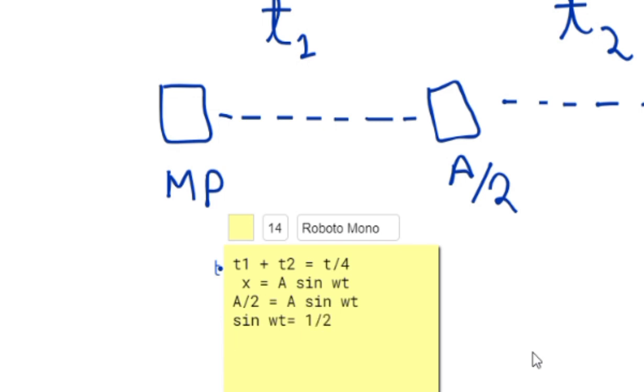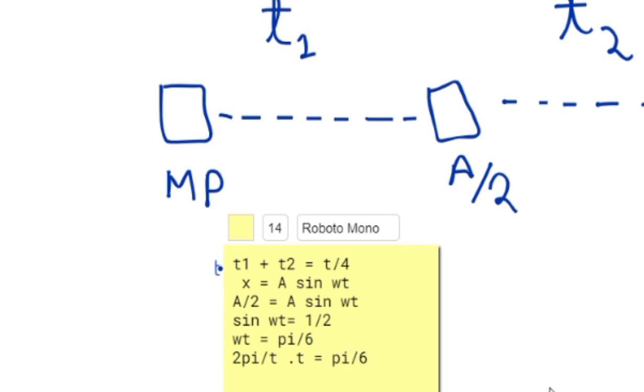So sine omega t gives you half. That means omega t is nothing but pi by 6, all right, because we know sine pi by 6, which is sine 30, is half. Omega t you could have written as 2 pi by T into t, which is equal to pi by 6.